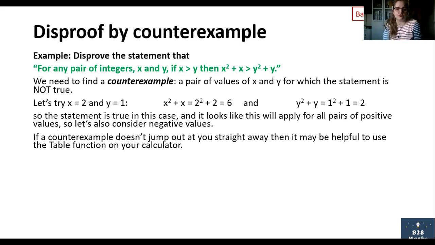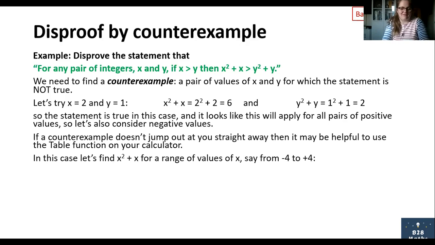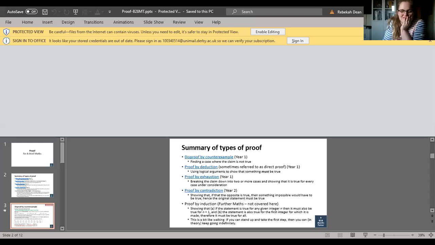If a counterexample doesn't jump out at you straight away, then it might be helpful to use a table function on your calculator. This is where I'm going to try and show you how to use a table function on your calculator, which I don't know if it's going to work.